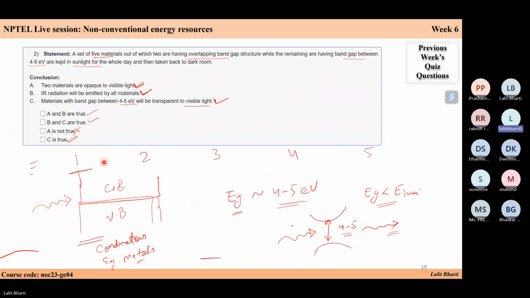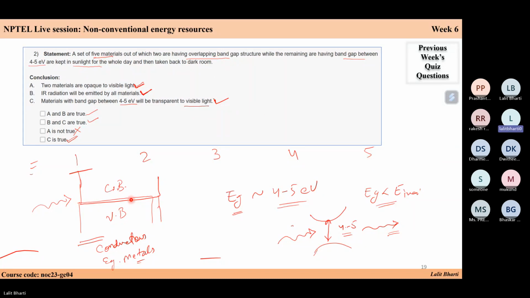Then go to your question 2. So it says the statement is a set of 5 materials out of which 2 are having overlapping band gap structure, while the remaining are having band gap between 4 to 5 electron volt, kept in sunlight for the whole day and then taken back to the dark room. So what will happen? So we are marking 1, 2, 3, 4, 5 materials here.